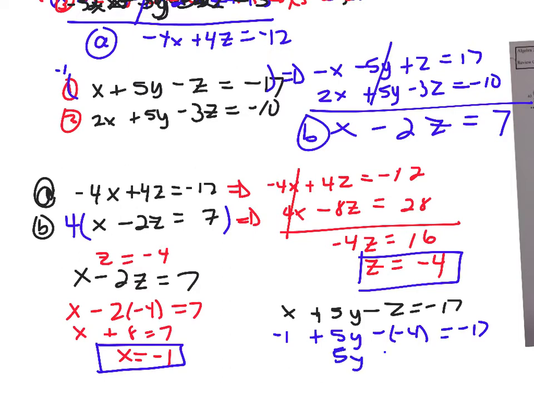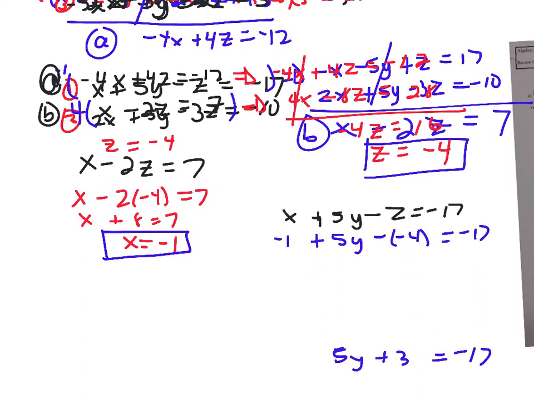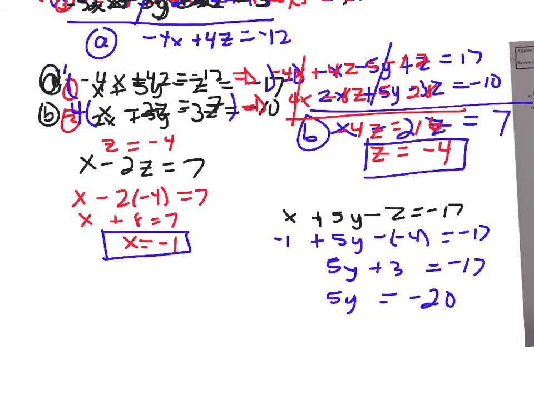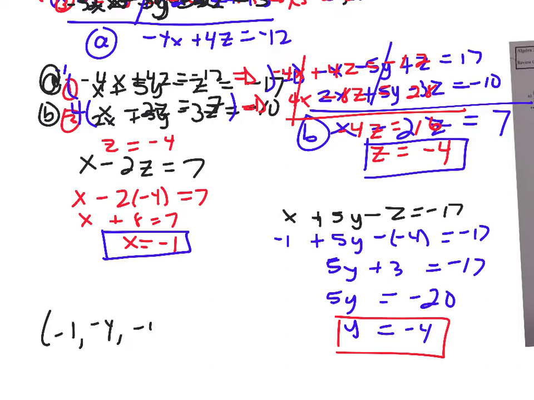So it's 5y plus 3 is equal to negative 17. So I have 5y is equal to negative 17 minus 3, which is negative 20. Divide both sides by 5, I get y is equal to negative 4. And there's my y value. So my solution is negative 1, negative 4, negative 4.